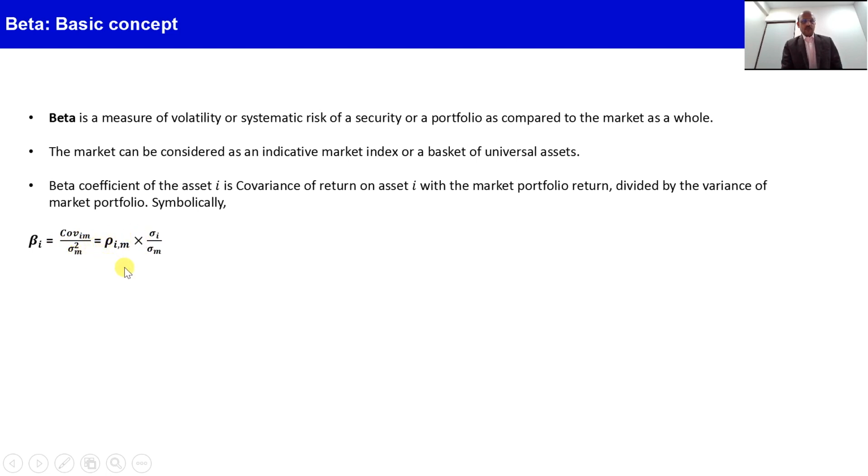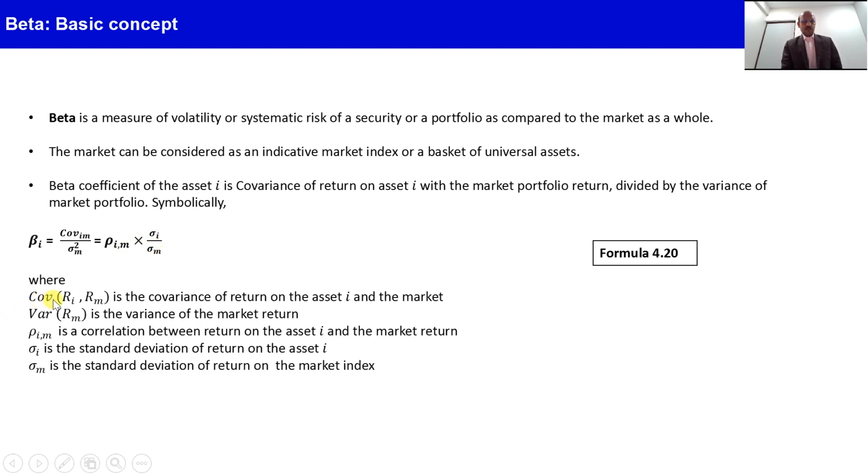Or alternatively, it is the correlation coefficient between security i and market times sigma i, the standard deviation of return of asset i, divided by the standard deviation of the market return.